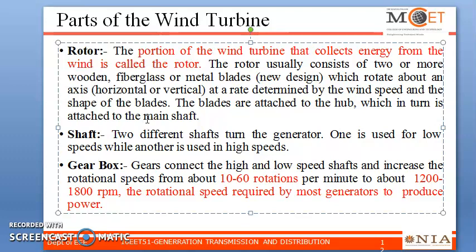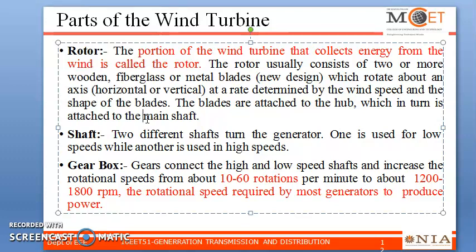Different types of shaft are used in this horizontal axis, connecting to the alternator as well as to the gearbox. That is the main component of the shaft connecting system.